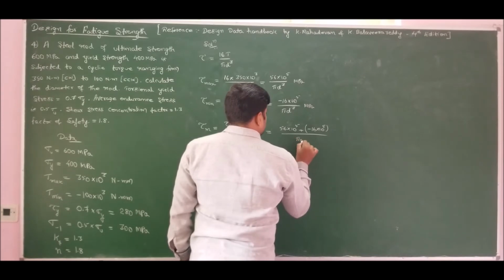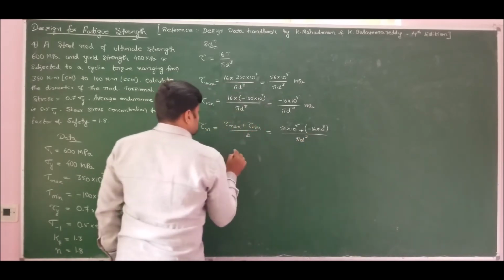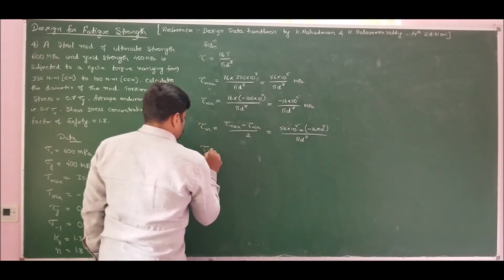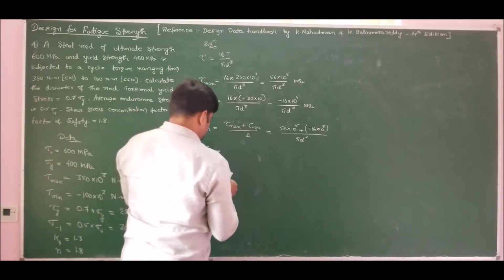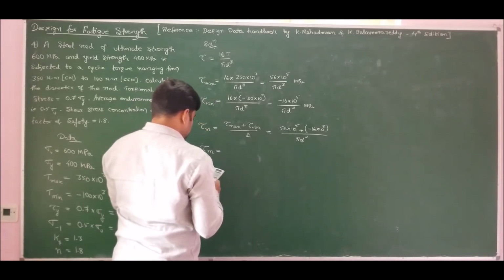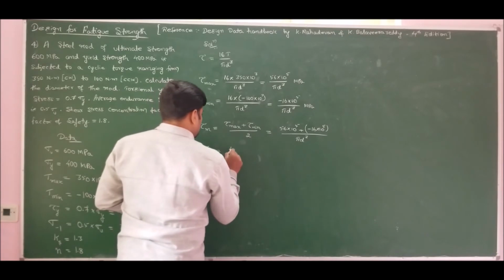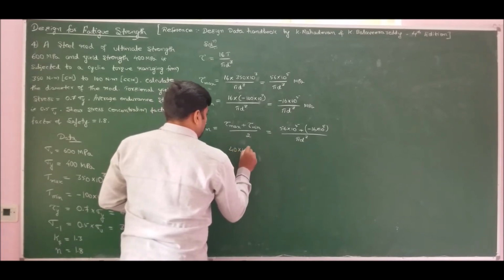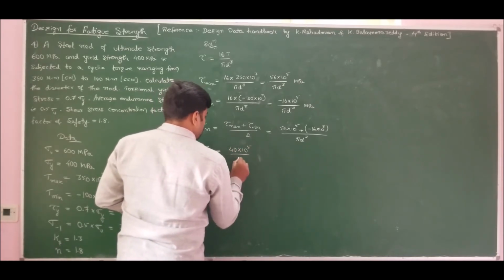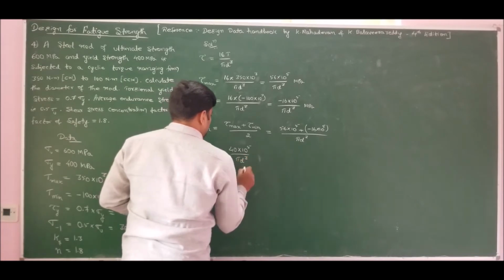Pi d cube is common. So therefore mean stress will be 56 minus 16, which is nothing but 40 into 10 to the power of 5 by pi d cube.